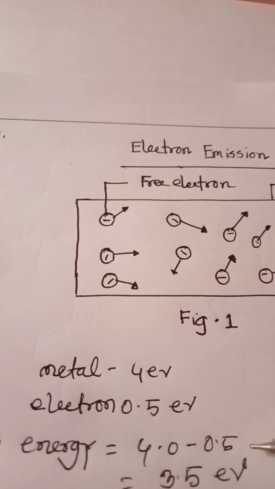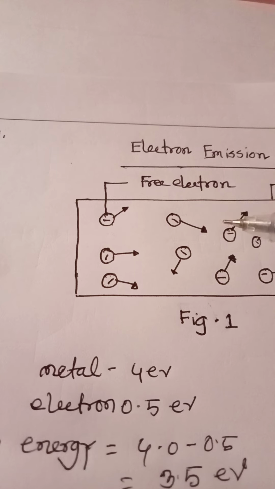The work function of pure metals is roughly 2 to 6 electron volts, for example 3.5 electron volts. Again, for pure metals it is very roughly from 2 to 6 electron volts. It depends upon the nature of the metal, its purity and the condition of its surface.